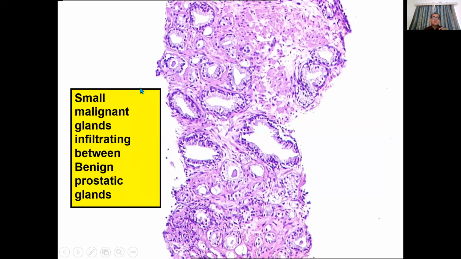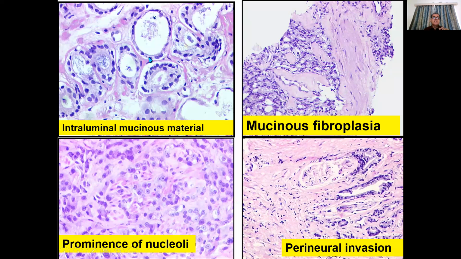And under the microscope, we diagnose prostate cancer when we see small infiltrative glands between the normal looking glands of the prostate. That's when we start thinking that this is prostate cancer. The classical features on pathology are small rigid glands, mucinous fibroplasia, a very peculiar stromal reaction, very prominent nucleoli within the nucleus of the prostate cancer cells, and the presence of perineural invasion.